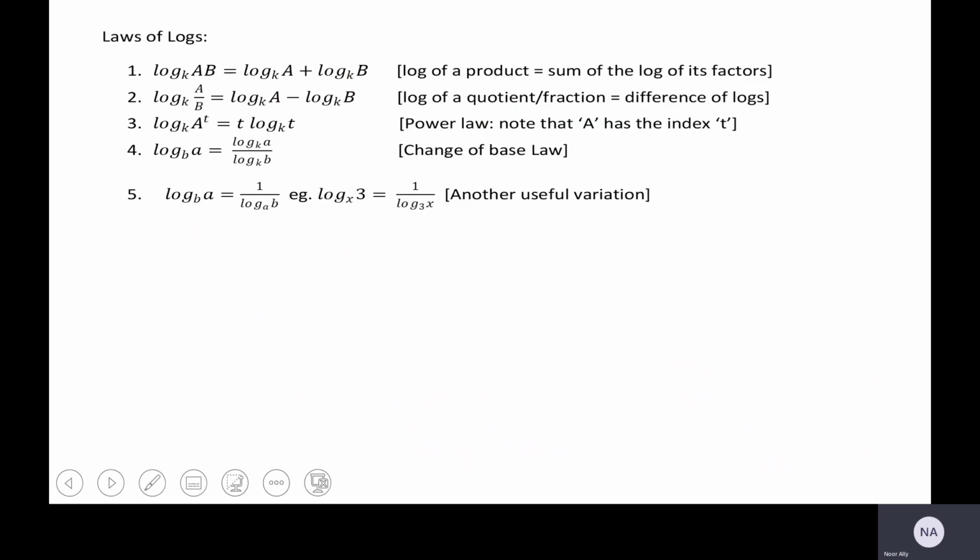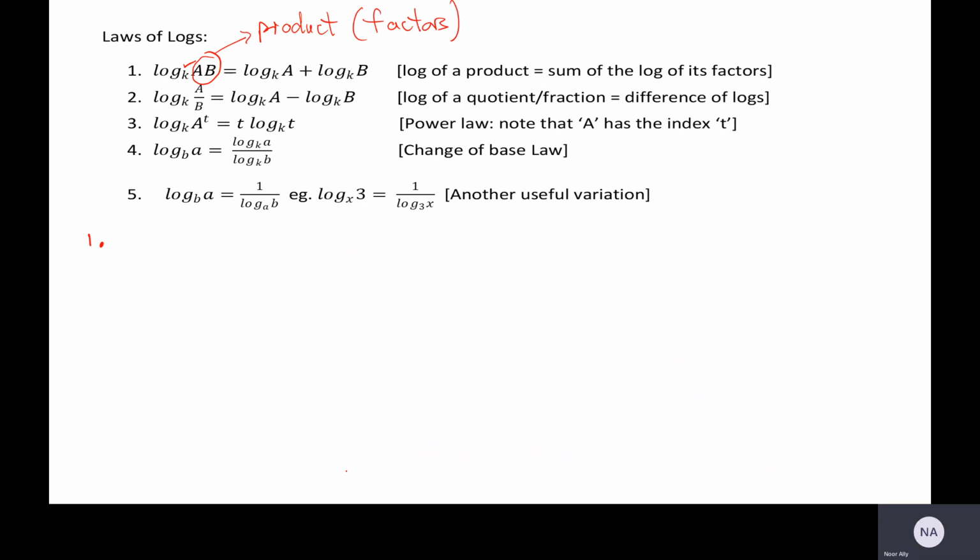Okay, let's look at some laws of logs. The most important are these. So firstly, number 1, the log of AB to a base k. The log of AB, and I've chosen a base k. Remember, that could be any base. And that is a log of a product that contains a number of factors.